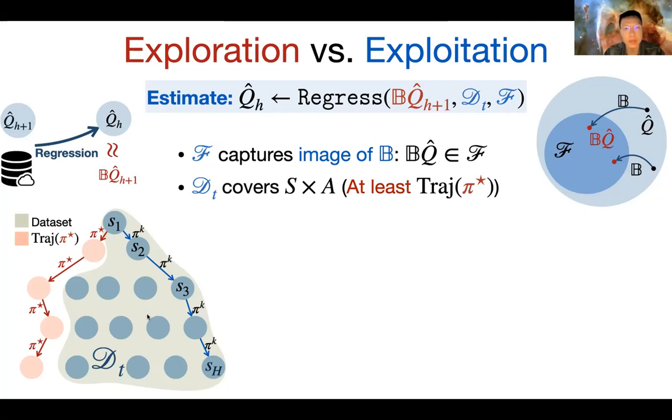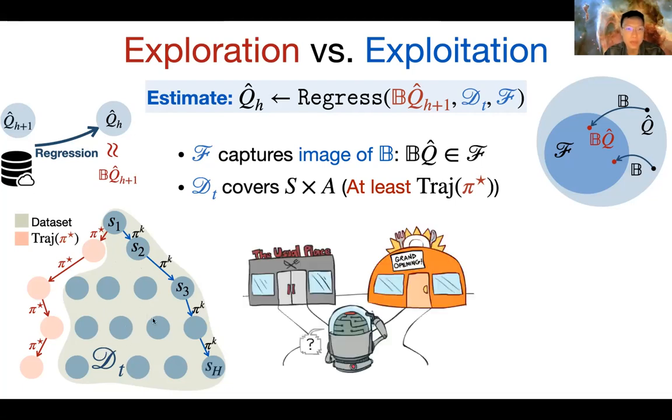But because we are in this online world, the data set is collected on our own, so we need to design an efficient exploration mechanism such that we can gradually drive the data set to be as close to the optimal trajectory as possible.